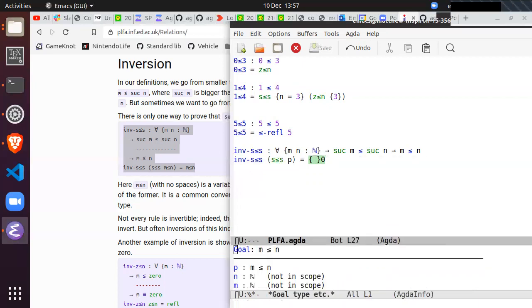So, is there any more magic that you would like to talk about, James, or Philip, about this dependent pattern match?